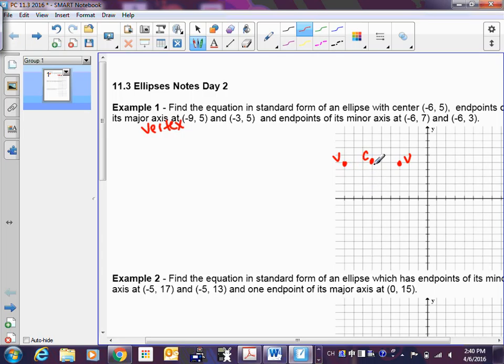They also should be the same distance from the center. How far are they? Is one vertex from the center? 3. So that actually tells me the A value is 3.